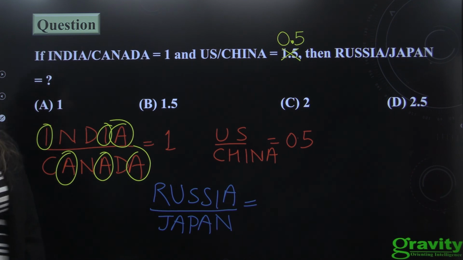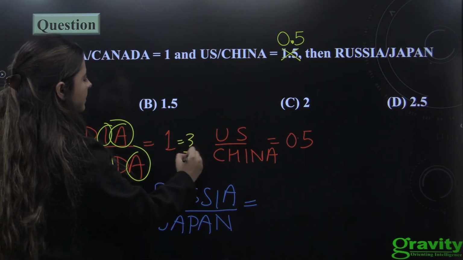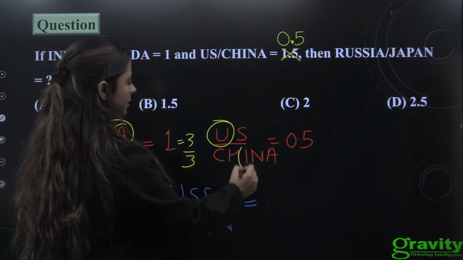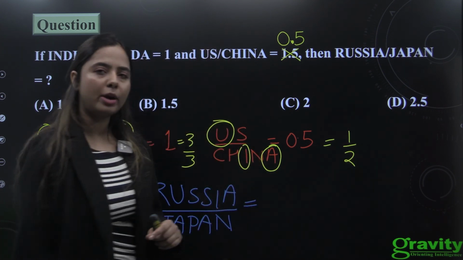Pick out the vowels. That's the thing here. India has 3 vowels, Canada has 3 vowels. 3 by 3 is 1. US 1, China 2. 1 by 2 is 0.5.